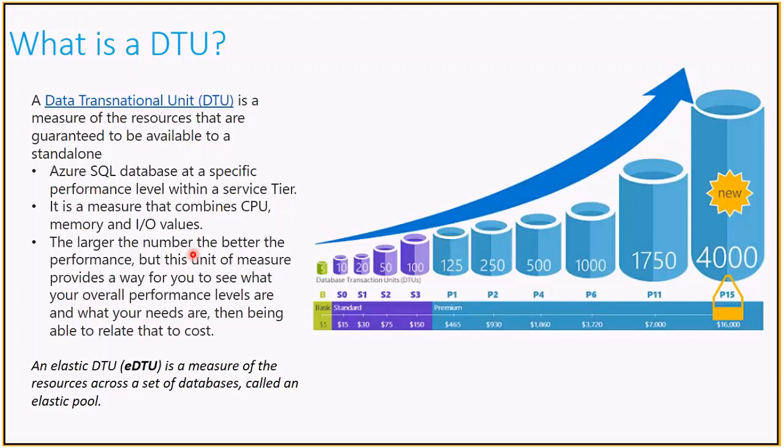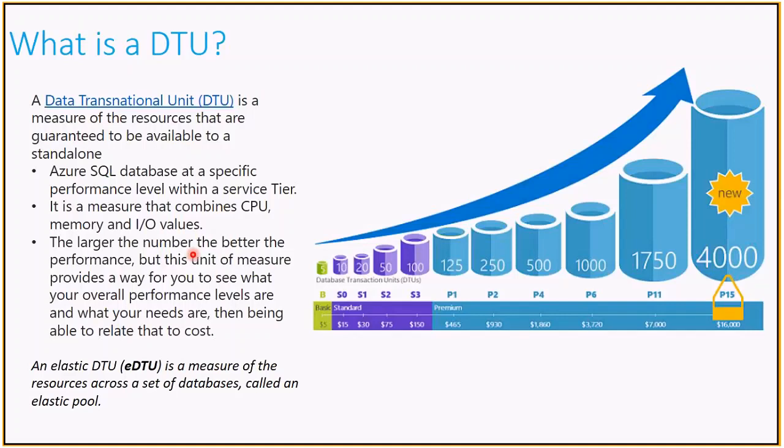If you have the DTU, you can go to Azure, procure an Azure SQL database, and you're done. You don't need to bother checking whether your performance would go down if you don't take a premium tier.